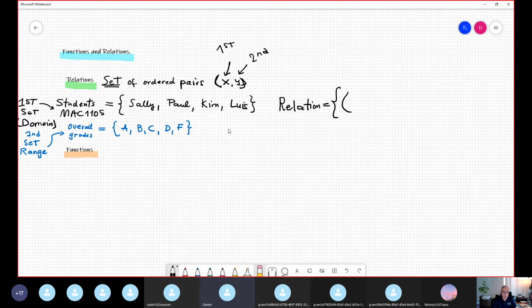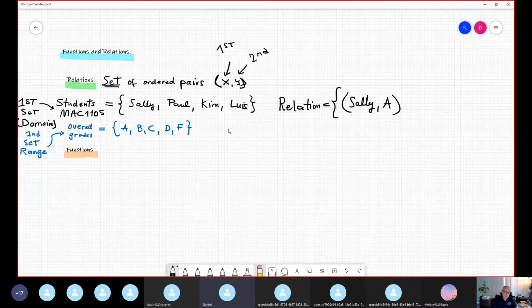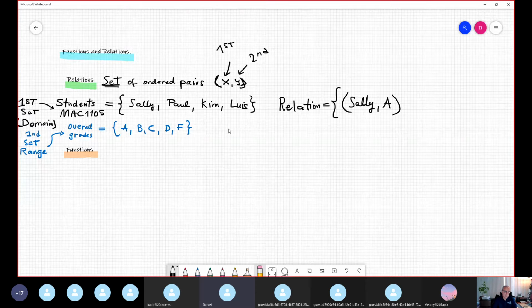And the first component always belongs to the domain. Entonces, Sally, suppose que es an excellent student, I put Sally, A. And this order pair represents the association of one element, one student, in the set domain with one grade.